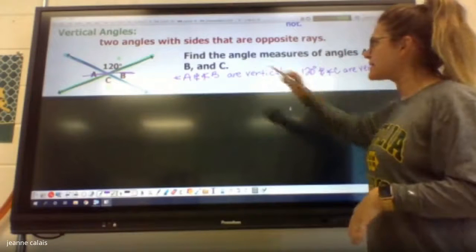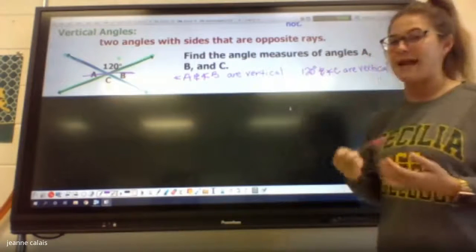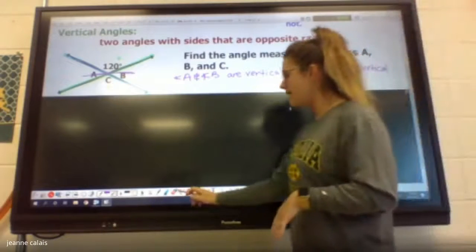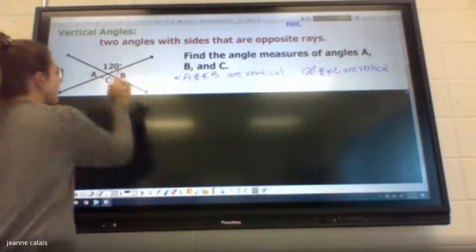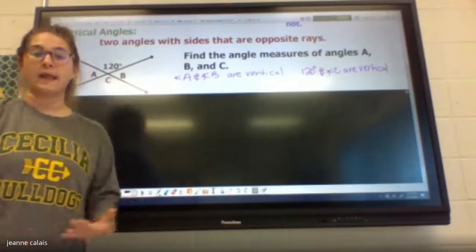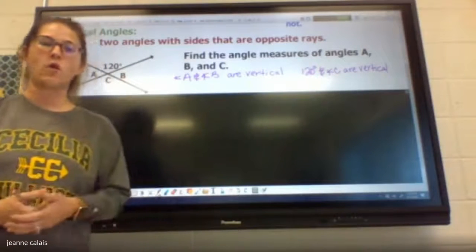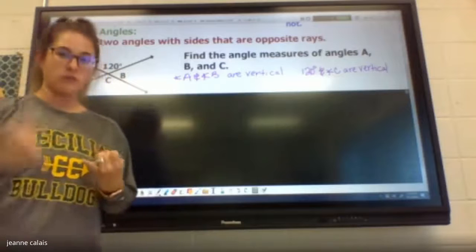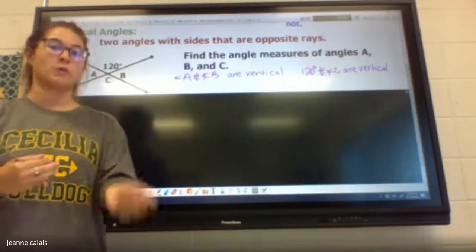Now, right here, this sentence says, find the angle measures of angles A, B, and C. In the last lesson, 1.5, we talked about finding the value of an angle given two angles. Either you were told what the total was, or we talked about straight angles and right angles. Angles that form straight angles add up to 180.